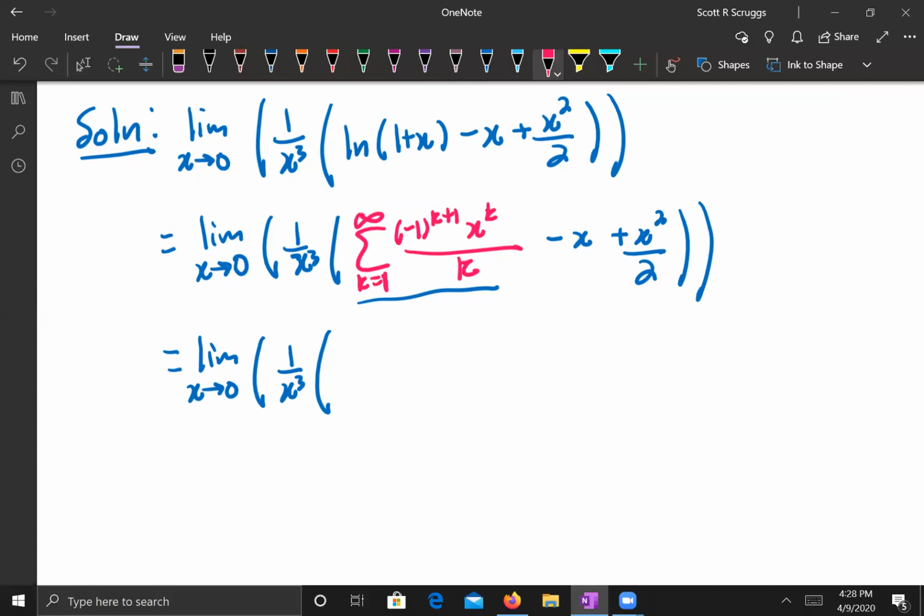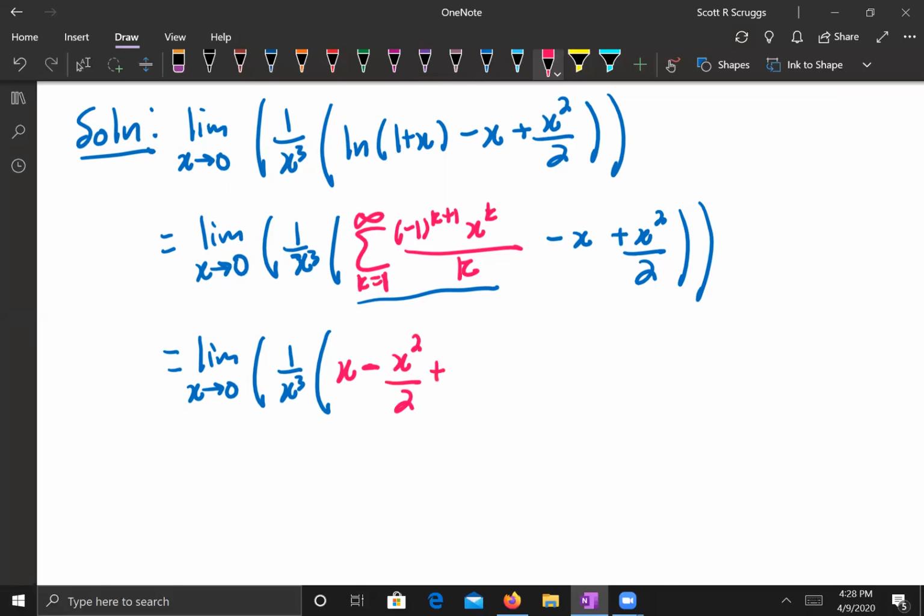I'll have a 1 in the exponent and a 1 in the denominator, giving me just x. Plug in 2. I'll get 2 plus 1 equals 3, so I have an odd power with the negative 1, meaning I'm going to have a minus, and a 2 in the exponent and 2 in the denominator, giving me x squared over 2.